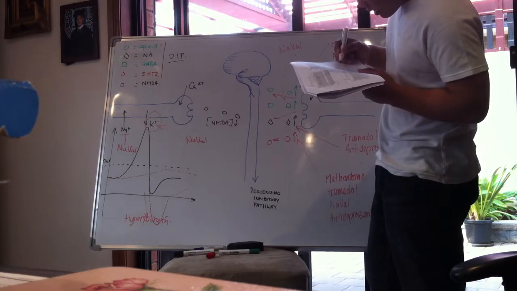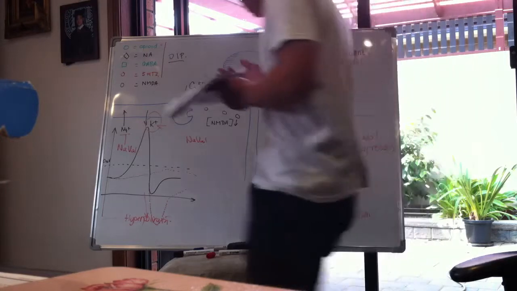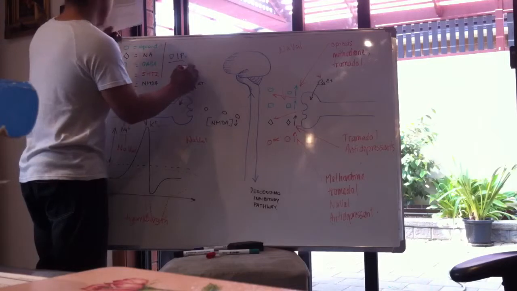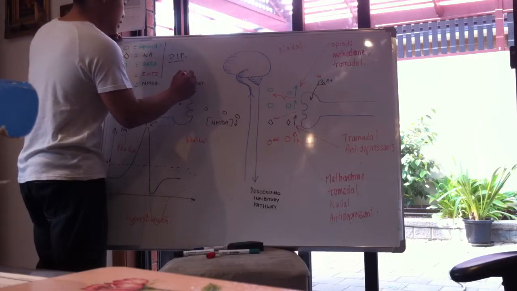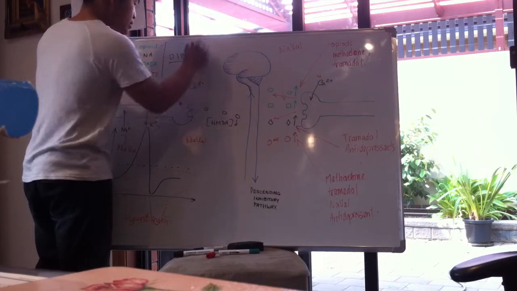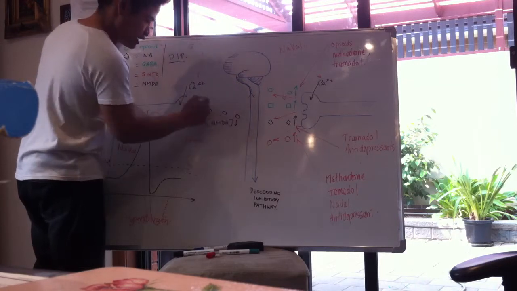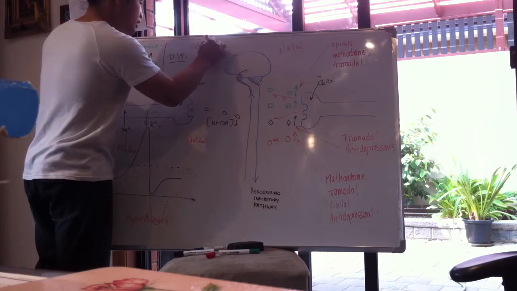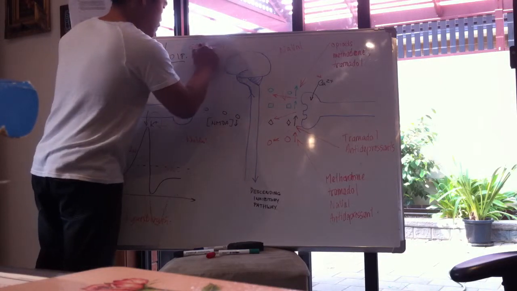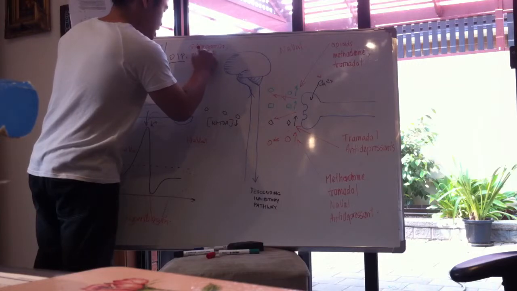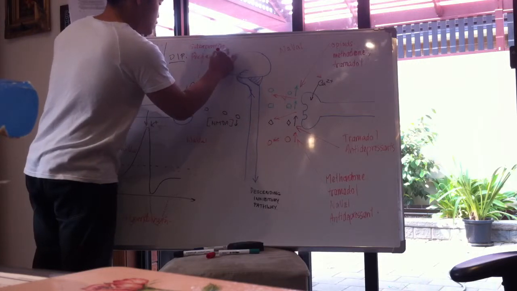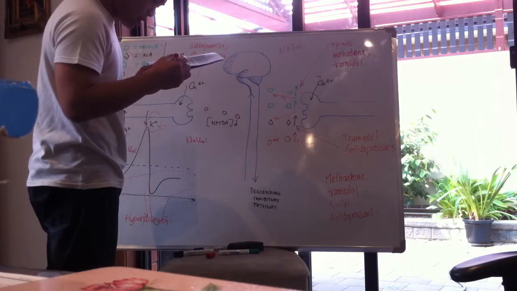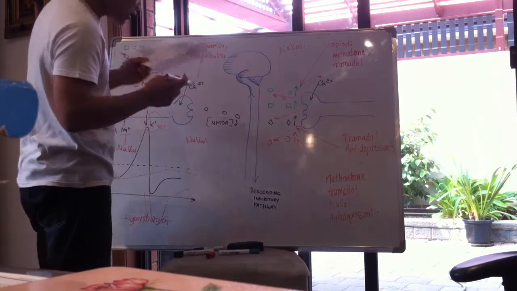Calcium: gabapentin and pregabalin, despite the name, don't actually do anything with GABA, and so they inhibit calcium on this side, so they inhibit the release of this. So we've got gabapentin and pregabalin. Okay, so we've nearly finished.